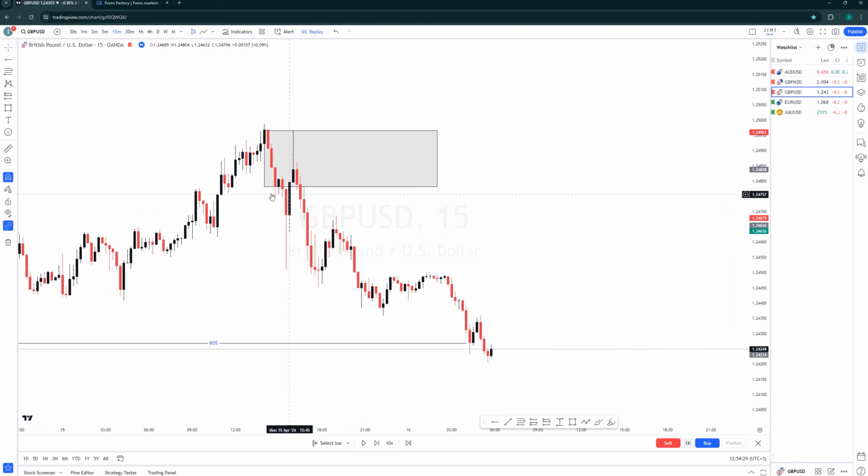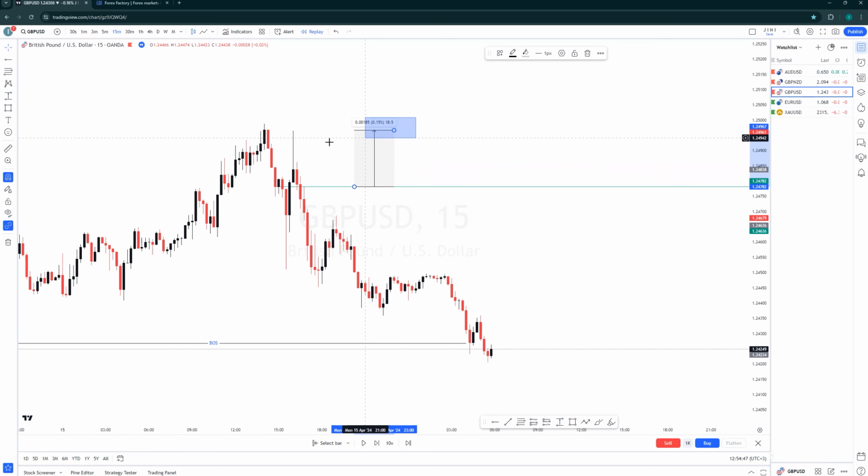In the 15 minutes time frame, you can see we have this flip liquidity engineering here. You can take it if you don't want to refine, but what you can see is that it offers you 18 pips, so it's a high amount of risk.